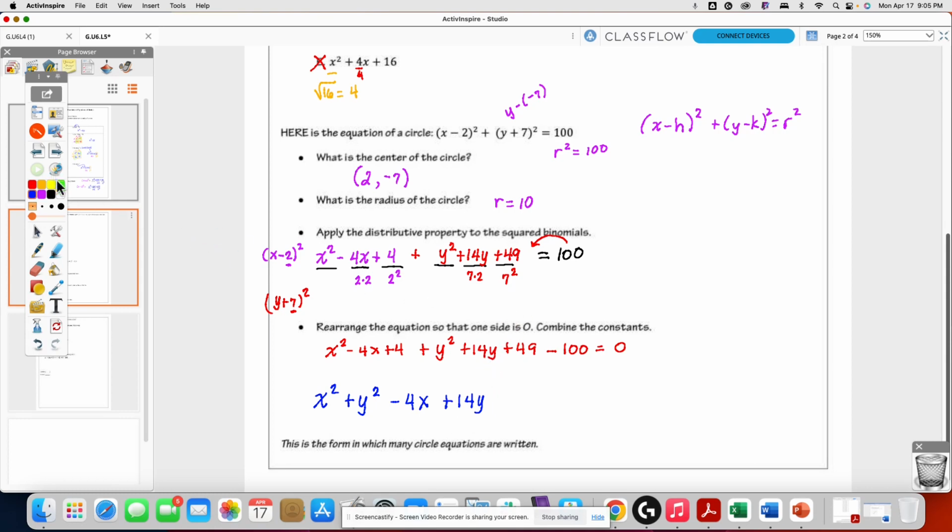Now, the constants we need to combine. So we have positive 4 plus 49 minus 100. So 4 plus 49 will give us 53. 53 minus 100 is negative 47 equals 0. And this is the general equation of a circle.